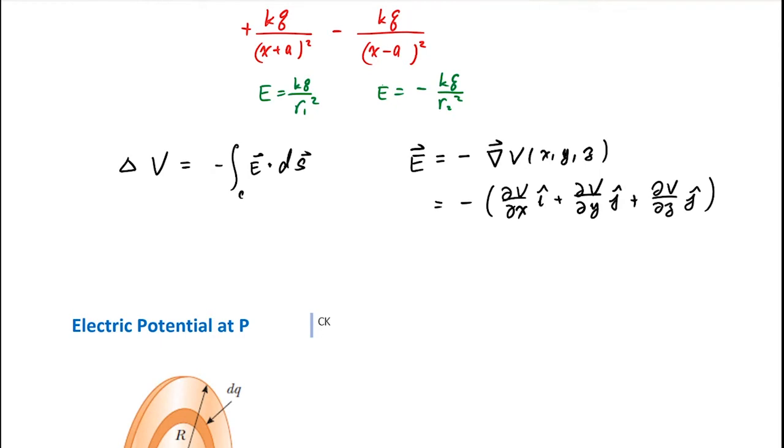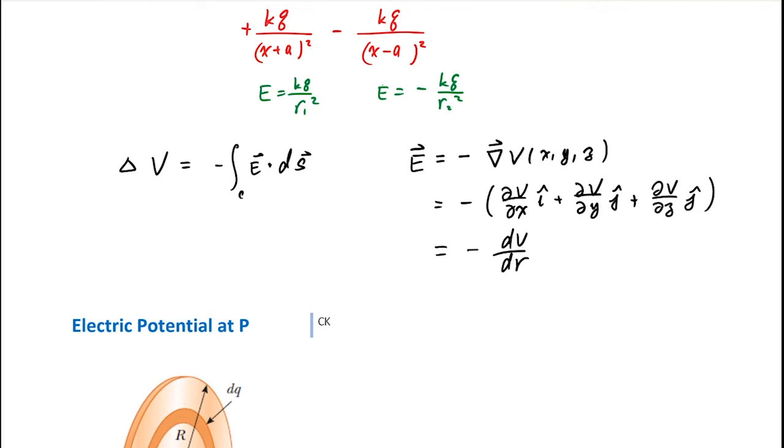For our purpose, with a point charge or a symmetrical distribution, it pretty much turns out to be a regular derivative in the radial direction.